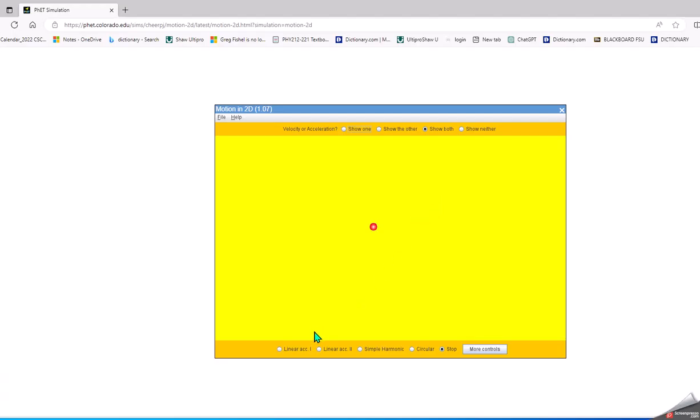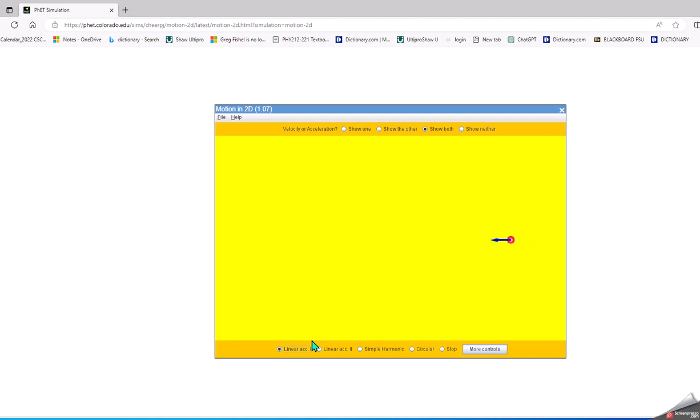Click the linear acceleration. You see, it's accelerating, and then when it slows down, the acceleration goes in the other direction.